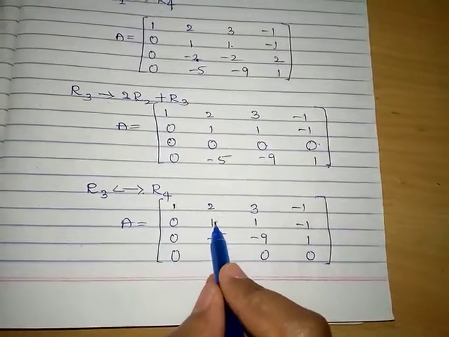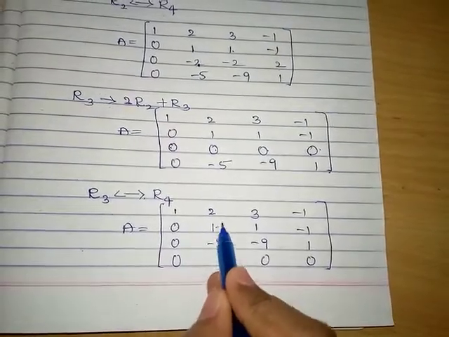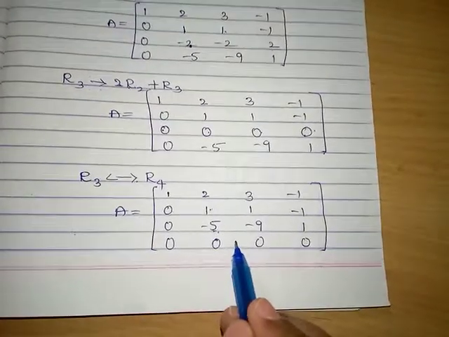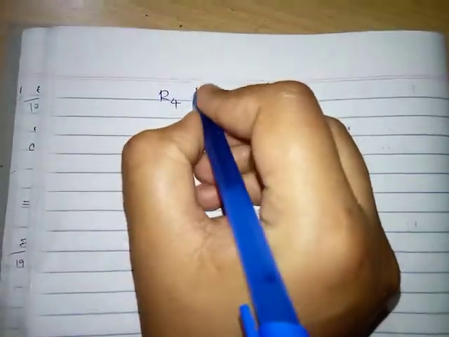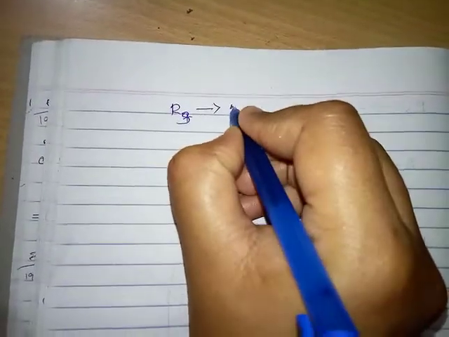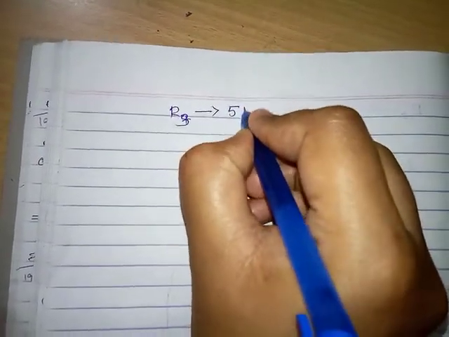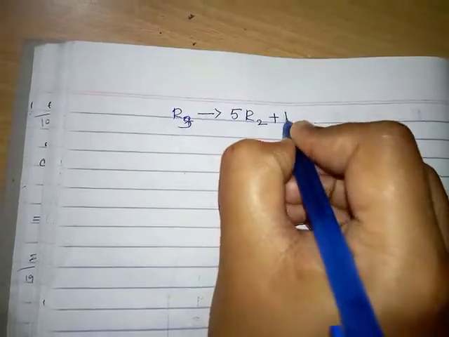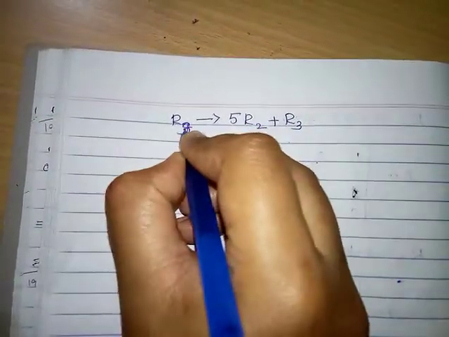So I will multiply R2 by 5, then add it to R3. Therefore the transformation is: R3 changes to 5 R2 plus R3.